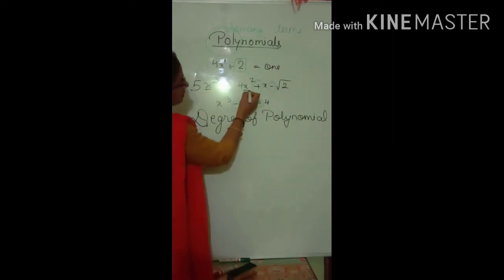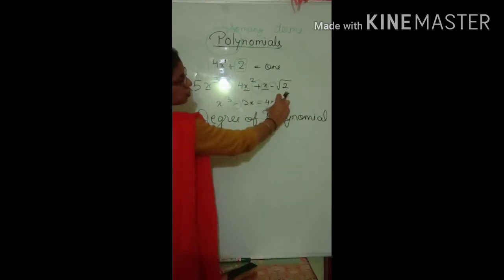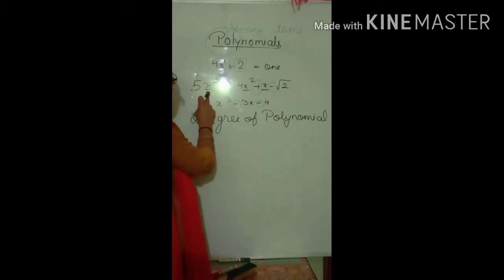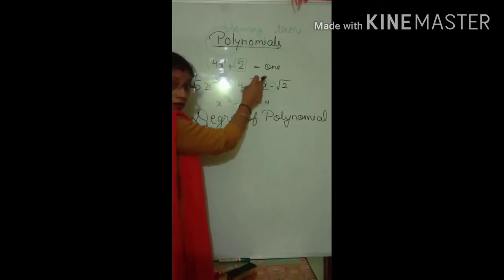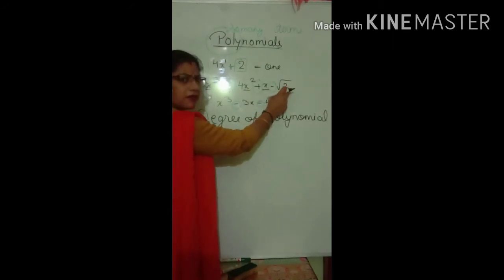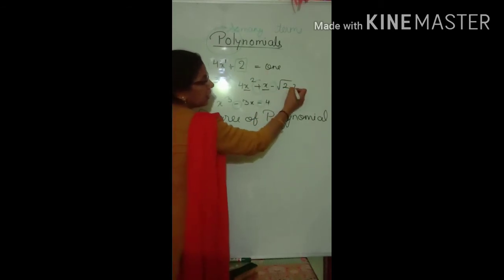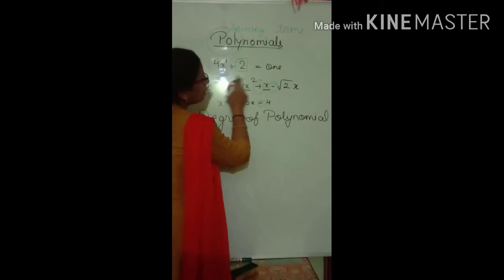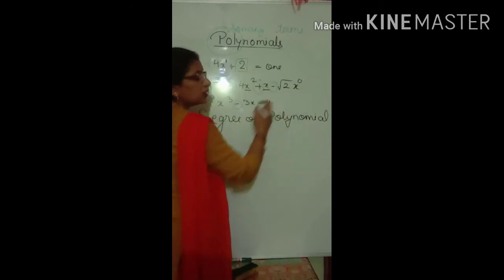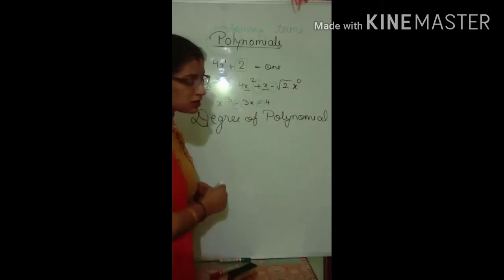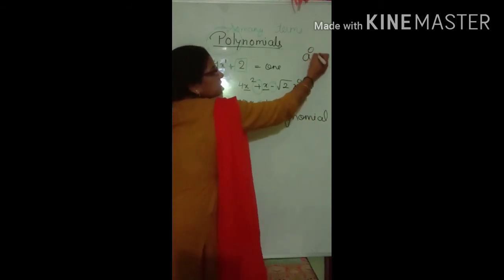Now come to this polynomial. This is a variable, this is a variable, this is a variable, and this is a constant. So here x is to the power 3, x is to the power 2, x is to the power 1. Here the variable is x; after 3, 2, 1, 0 would come. But x to the power 0 is 1. A raised to the power 0 is 1.